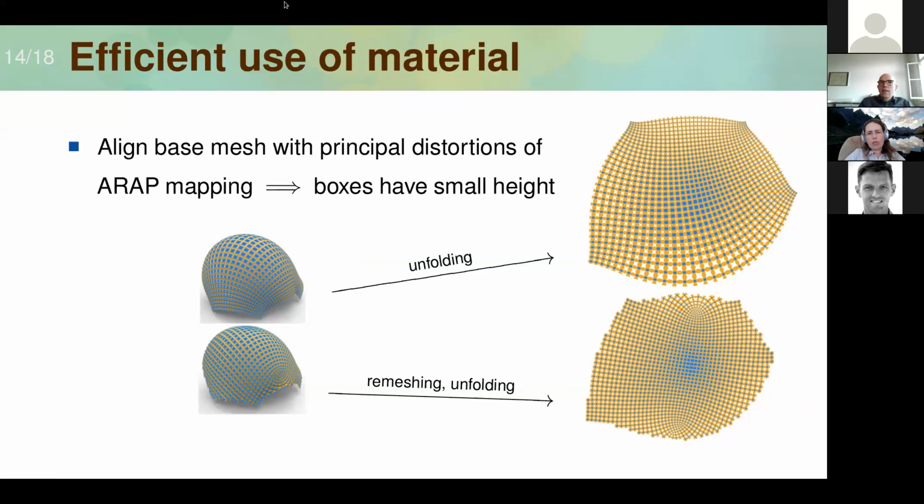The unfolding process is a discrete version of a mapping between the surface and the two-dimensional domain, and the local factor of expansion directly corresponds to the height of boxes. So if you are given a shape and you want to represent it by a Kirigami structure where the holes are small, where the boxes are small, you have to use an as rigid as possible mapping, so a mapping that is as isometric as possible.